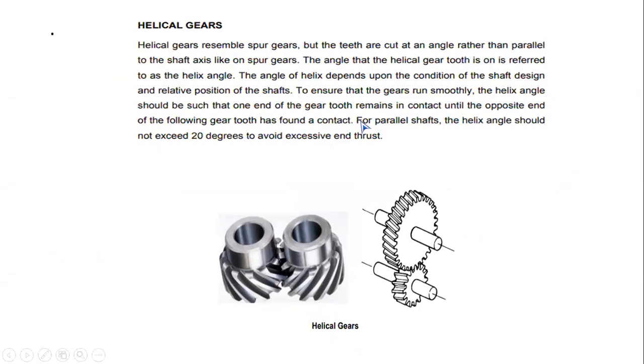All of you have seen the sugarcane juice making machine. In the sugarcane juice making machine, you have two big, heavy gear wheels. From that, you can compress the sugarcane to get the juice.